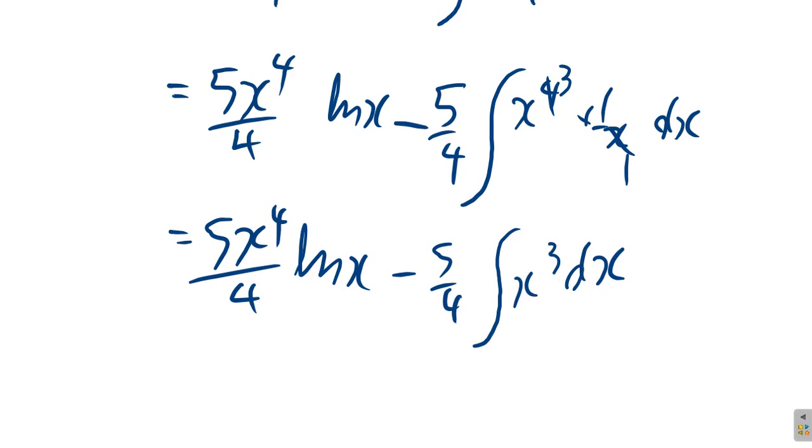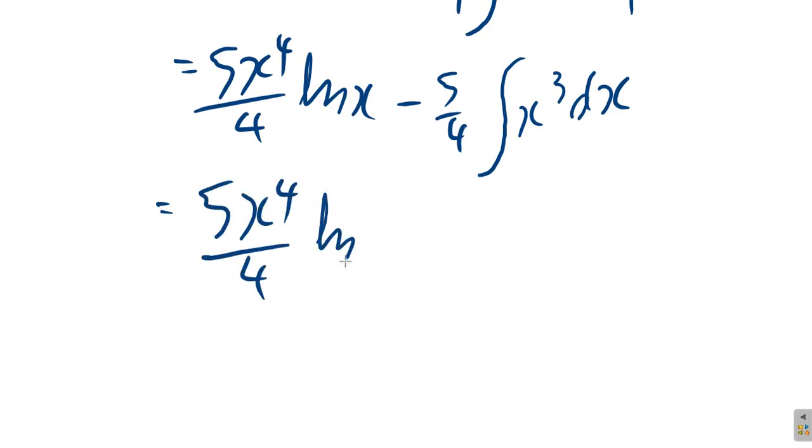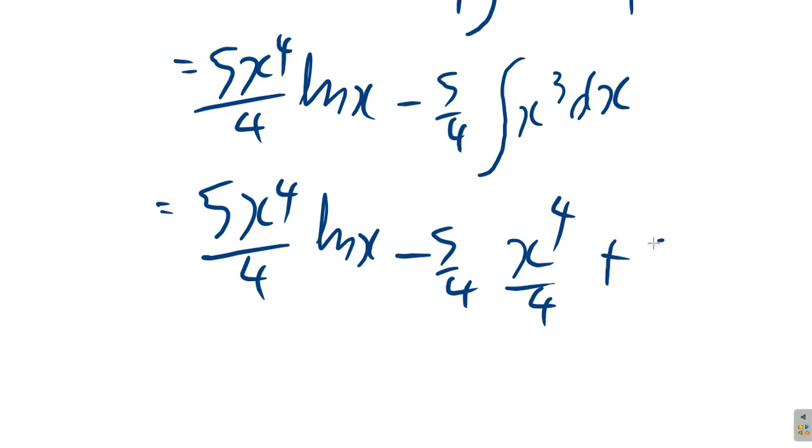When you integrate x cubed, what do you get? This is 5x to the 4 over 4 ln x minus 5 over 4 times x to the 4 over 4 plus c. You see the integral there?